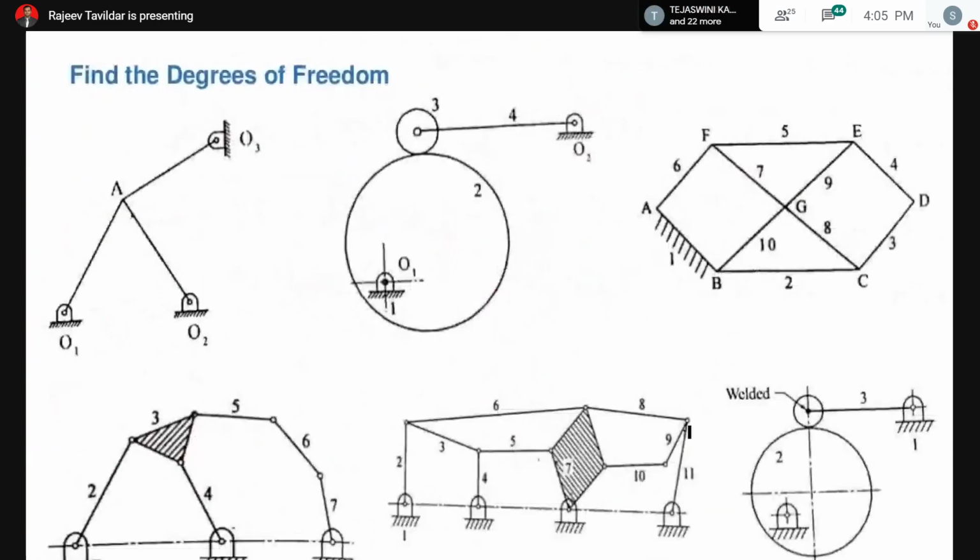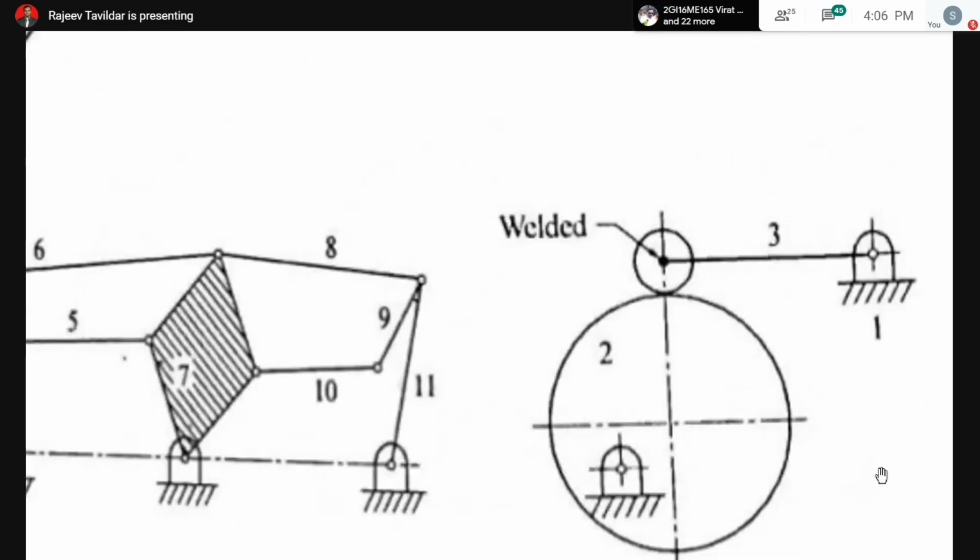So I hope this is clear. We have solved this. Okay, this is what I was talking about earlier. Here they have clearly mentioned that it's a welded joint. Can you see this? Also, as one of the students said, disk 2 is not rotating about its center, it's rotating at some offset distance.